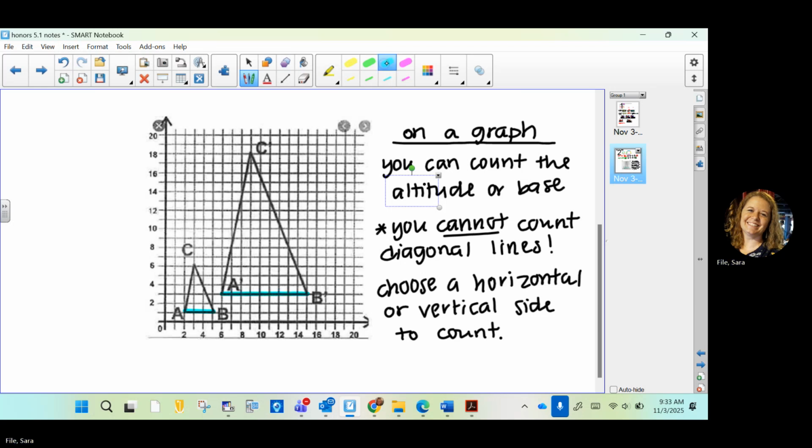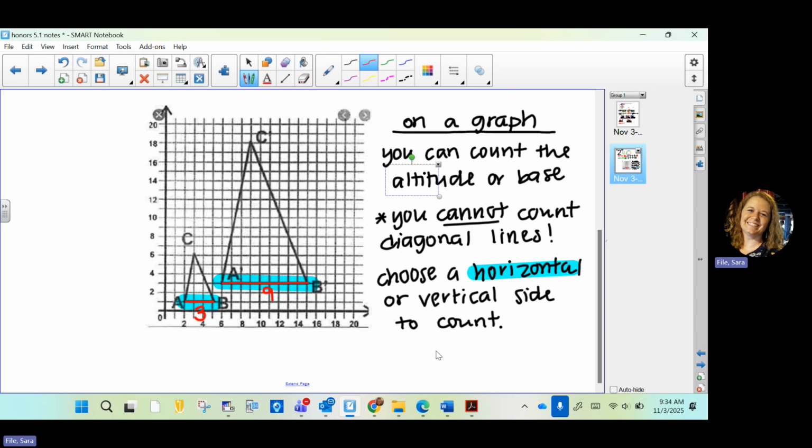Okay. So that's what I'm going to count in both of these, in both the pre-image and the image. So from A to B, that's 1, 2, 3. And from A prime to B prime, 1, 2, 3, 4, 5, 6, 7, 8, 9.